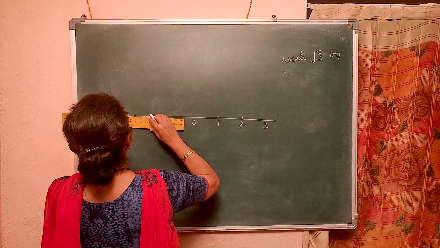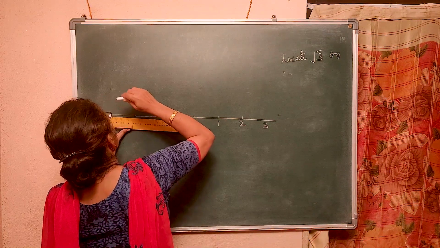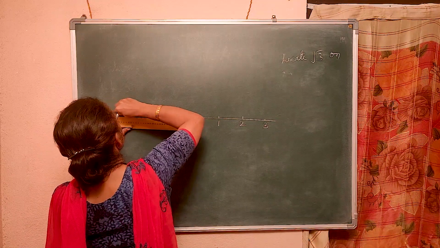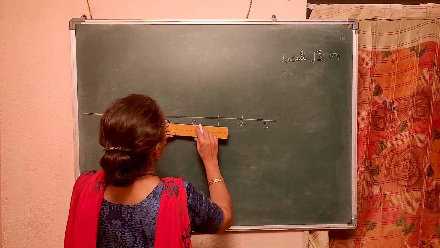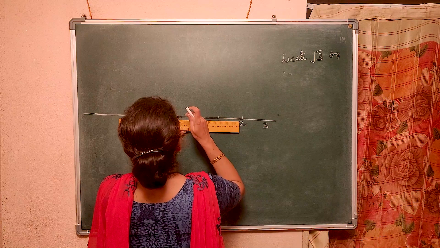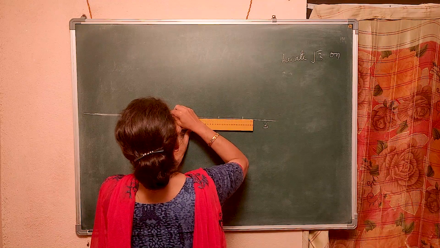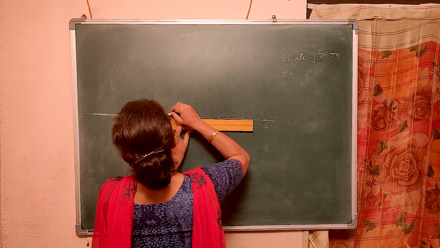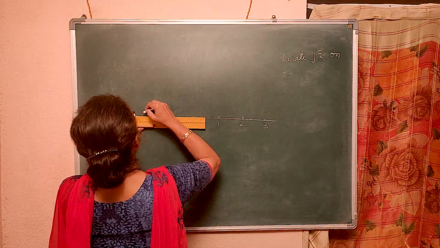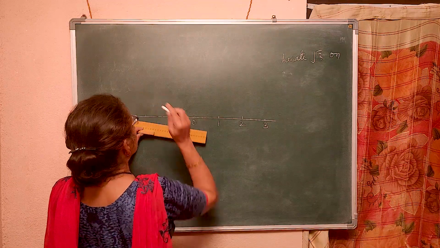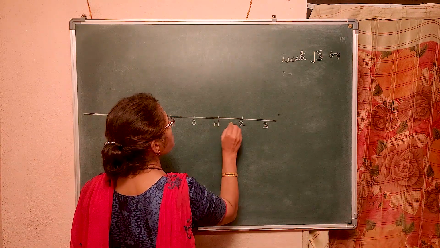Here also, yes, it should be -1, -2 and -3. So -1, -2, -3, +1, +2, +3.